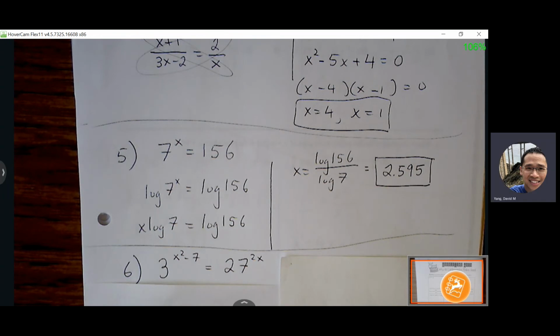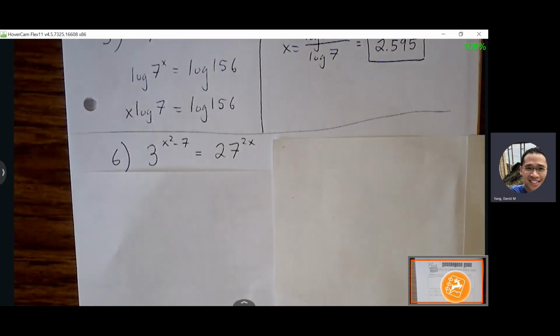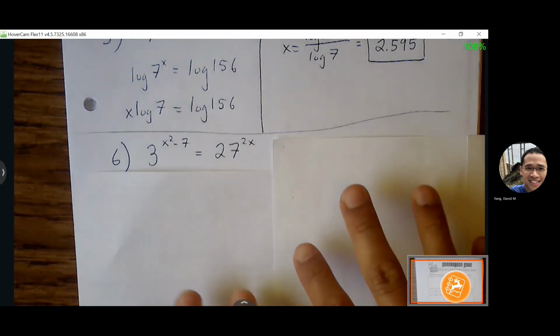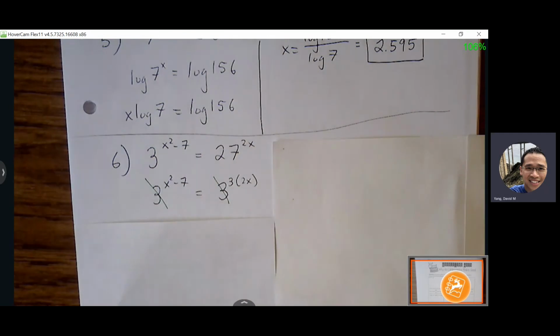So number 5, we couldn't get the bases to match, but number 6, we can. What can I do with that 27? 3 to the third, right? Once I get that 3 to the third to show up, I can get the bases to be removed. And I can just focus my attention on setting the exponents equal to each other and solving for x.